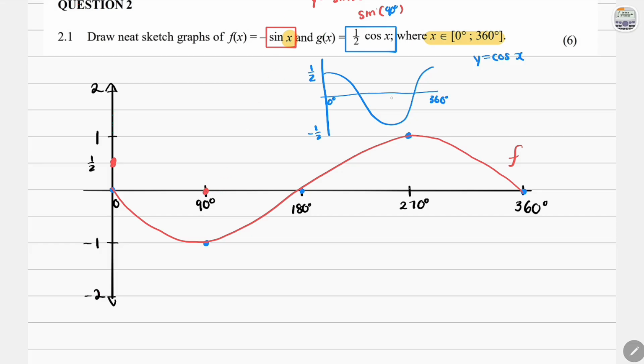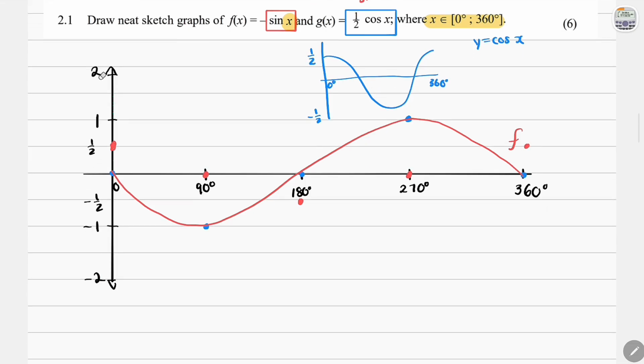Then at 180 degrees, that is where it dips down and reaches negative a half, not negative 1 anymore, because you know that value has been changed. Okay, so negative a half at 180 degrees. And then at 270 degrees, it reaches 0. Okay, so 0 over there. Then at 360 degrees, it reaches a y value of a half. So y value of a half here. Yeah, I shouldn't have let this go on till 2. It could have just gone to 1.